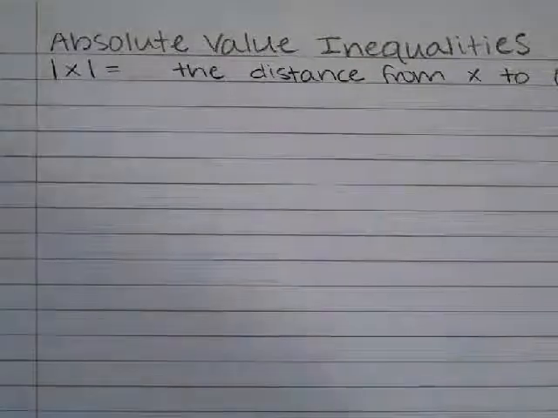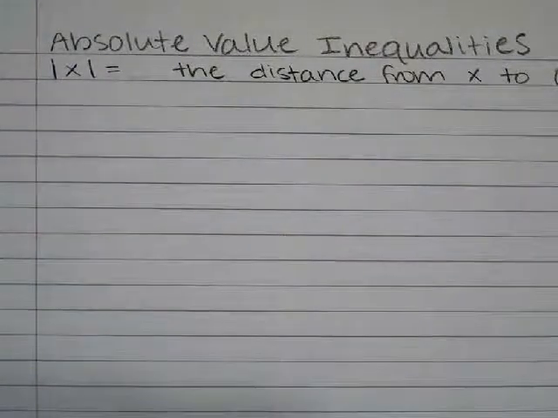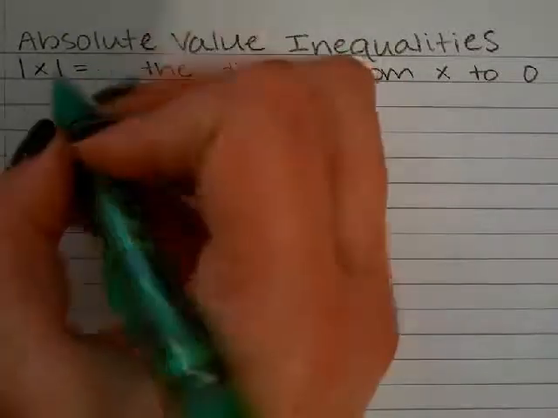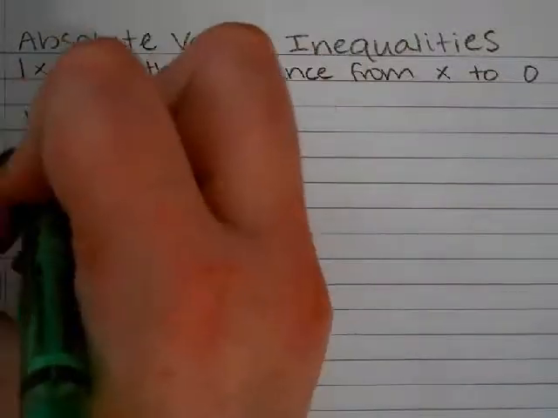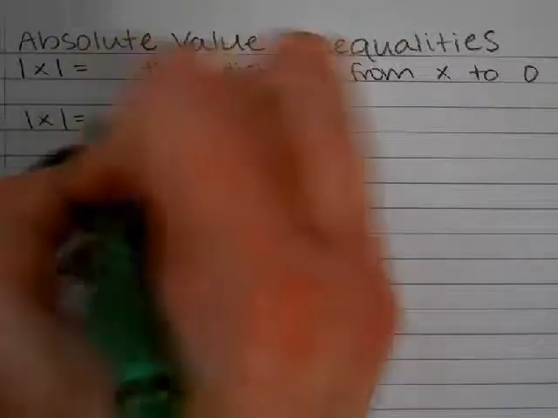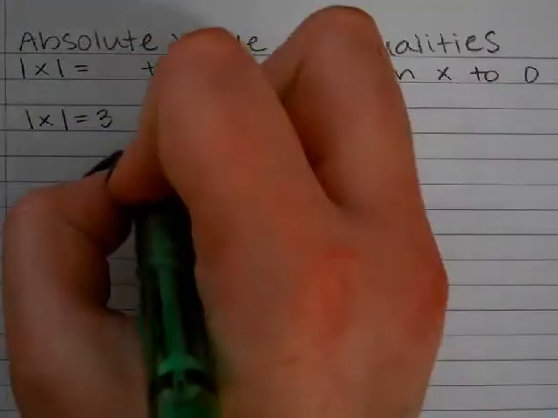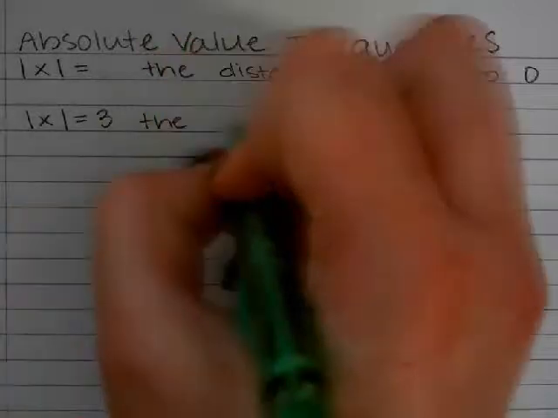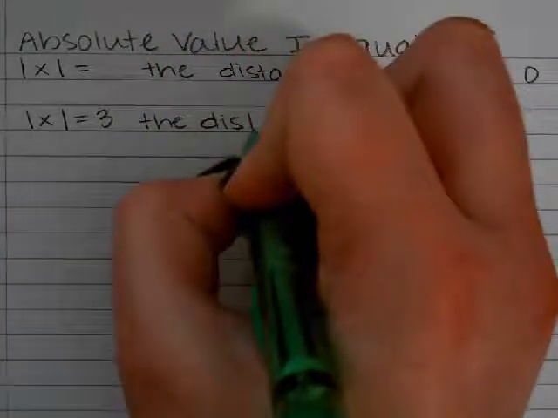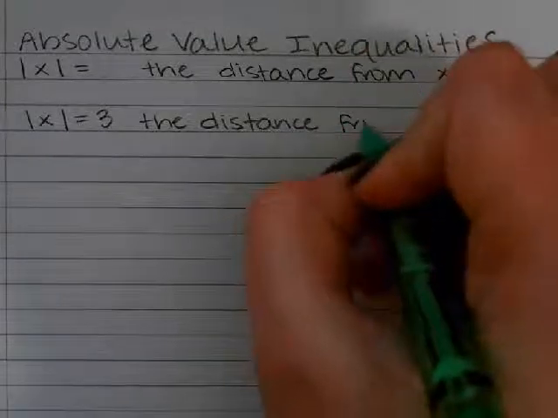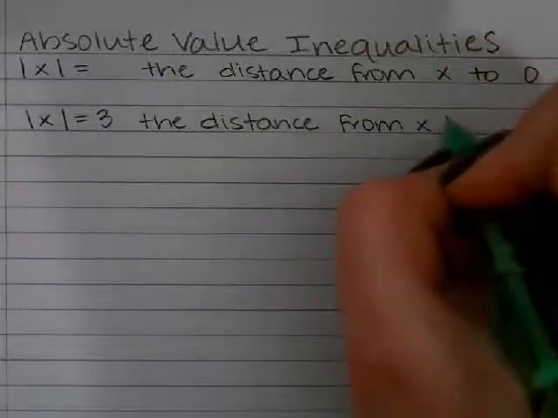So if I write absolute value of x equals 3, then I am saying the distance from x to 0 is 3. It's exactly 3. That's what I'm saying.